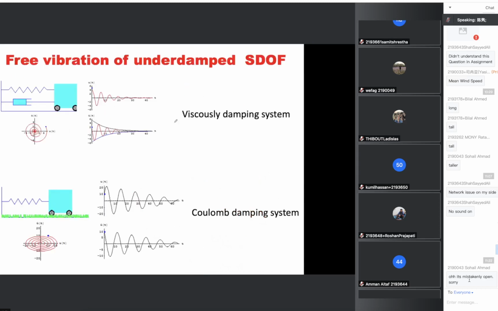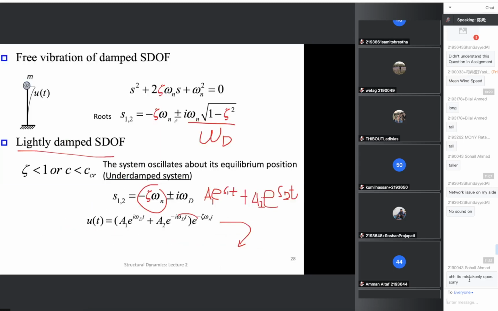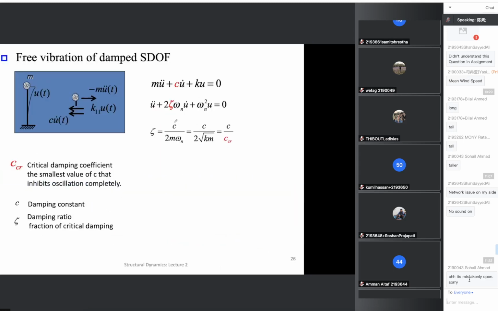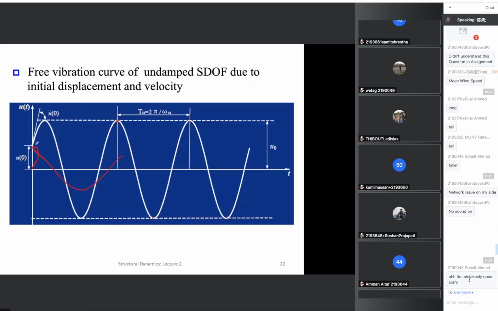Let me show you this figure. Maybe much easier for you to understand. You see, you have initial displacement here, initial velocity here. Then, because the initial velocity is positive, it means increase the velocity, increase the displacement, so it increases.